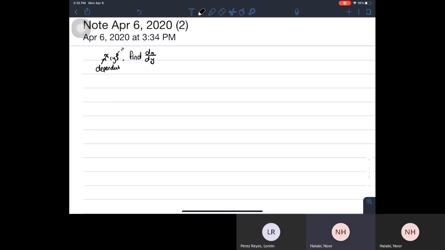And y is independent. So usually, let's say my line is y is equal to 2x plus 1, right? I can plug in random values for x to get my y.